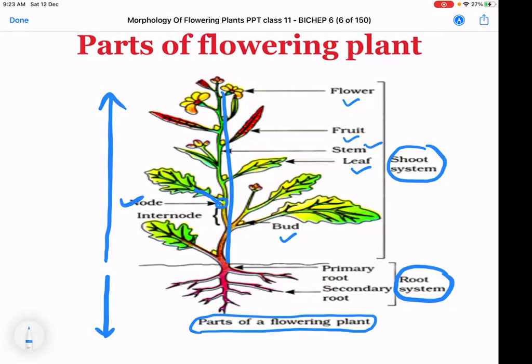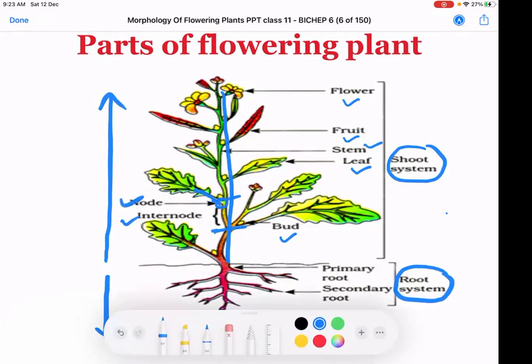The space between two successive nodes is the internode. So that's the description or introduction of all the parts of the shoot system.